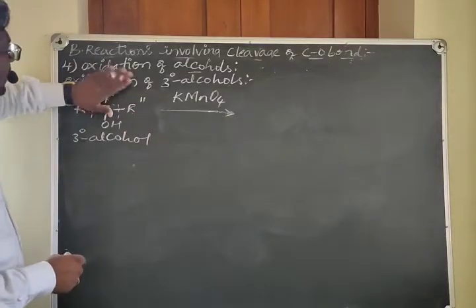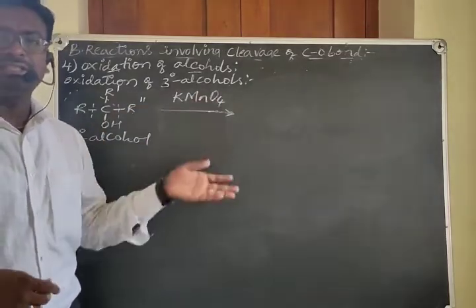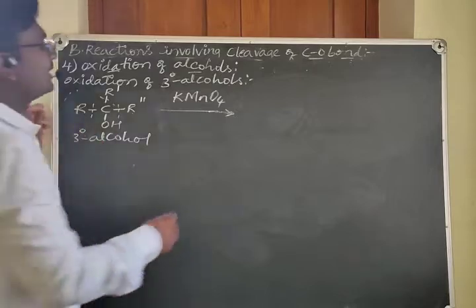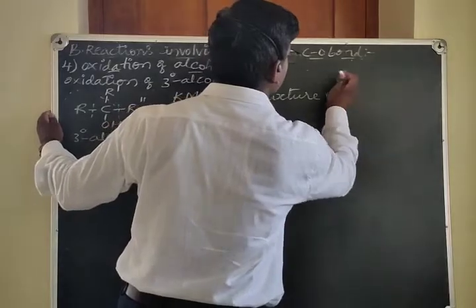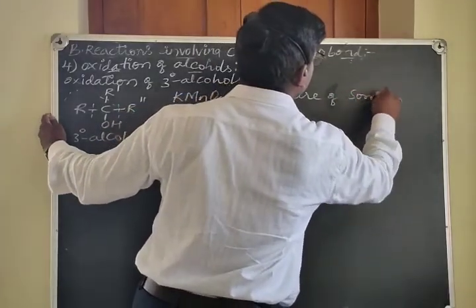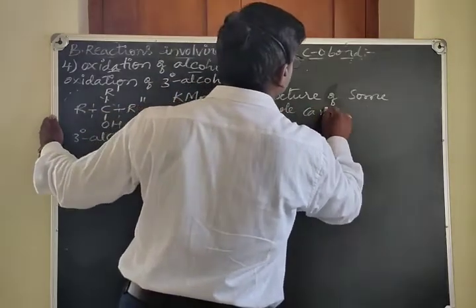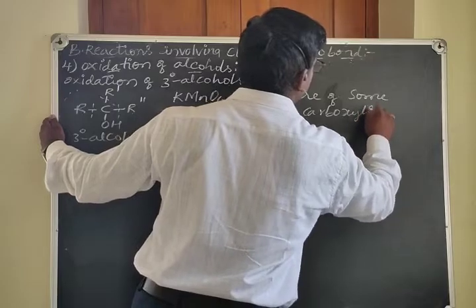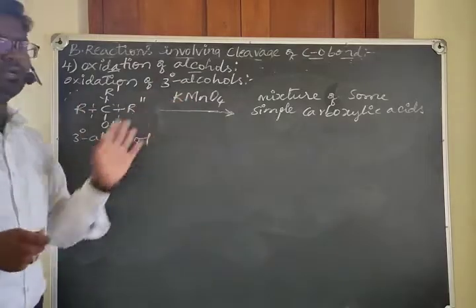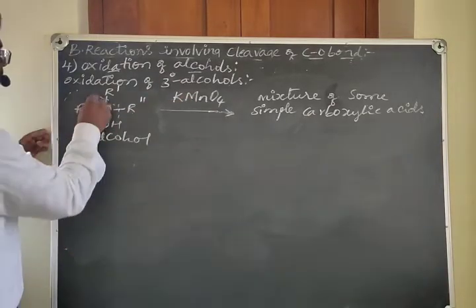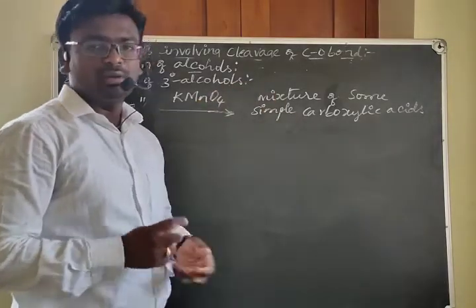All these alkyl groups will be oxidized to small carboxylic acid units. Therefore, you will get a mixture of some simple carboxylic acids. There will be no definite corresponding carboxylic acid.